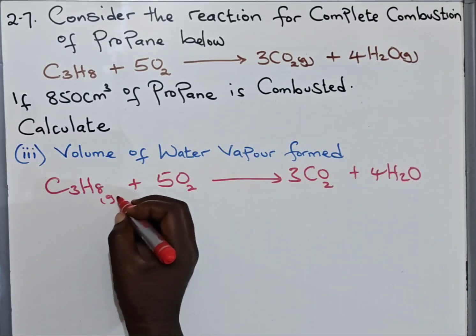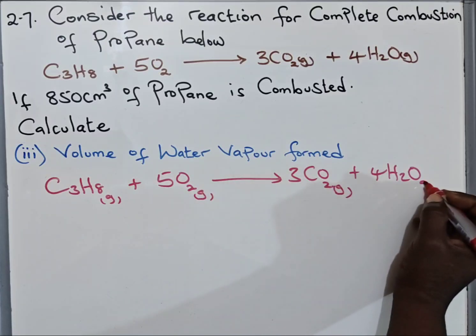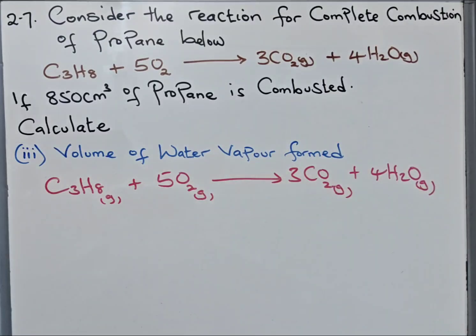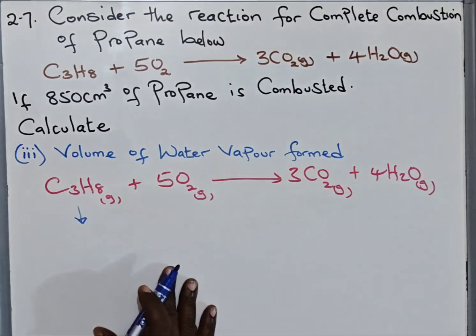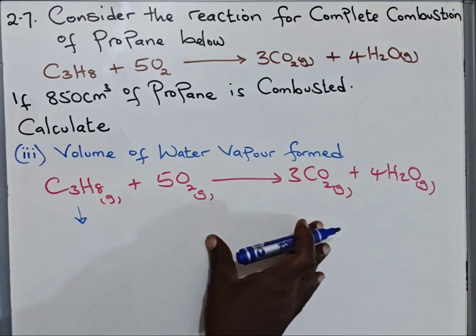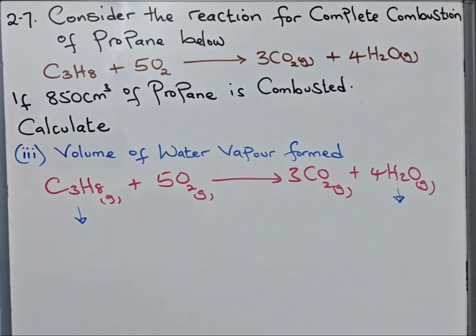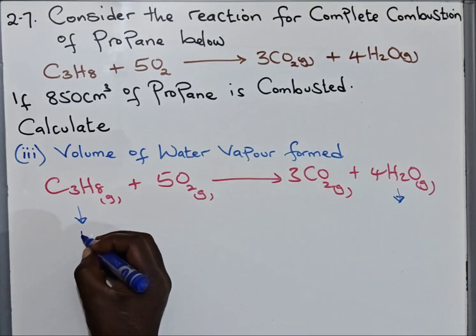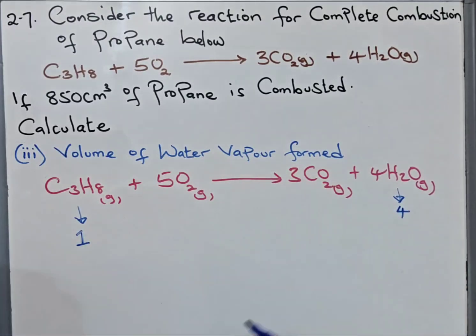Okay. So after having the equation, what do we do? You earmark the areas you are going to use. We are given the propane, so we are going to make use of that. And what are we calculating? Water vapor, so we're going to make use of that. So this gives us the ratio as 1 to 4.